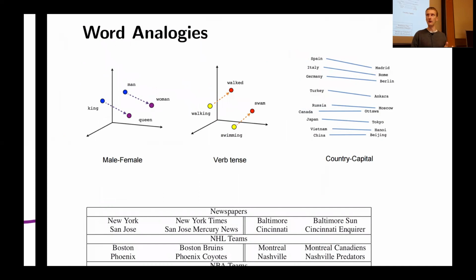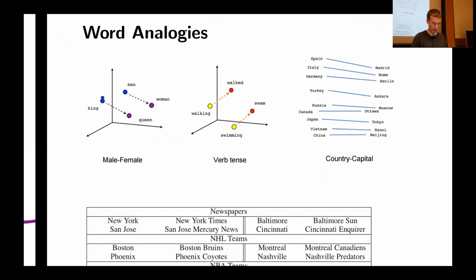Who of you has heard of this king and queen example? So some of you. The idea is that, interestingly, when we now look at these word vectors, we see some interesting correspondences, and we see that similar stuff is grouped in similar places. That's nice. But not only that, we also see that there are interesting relationships.